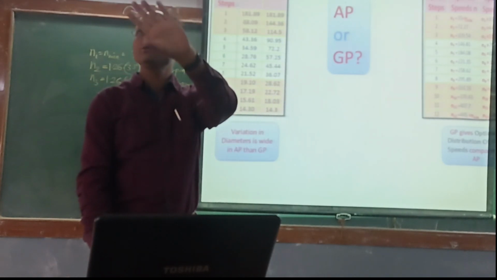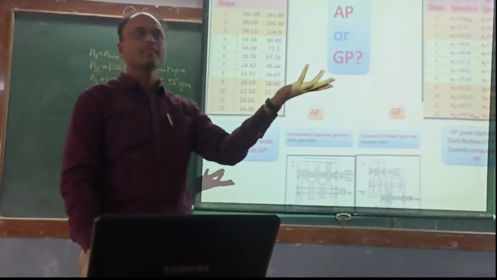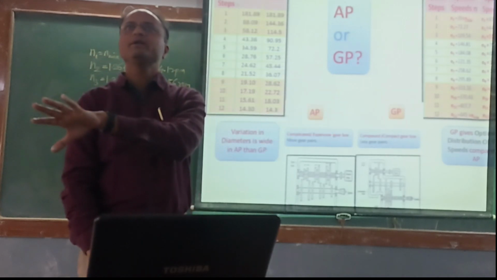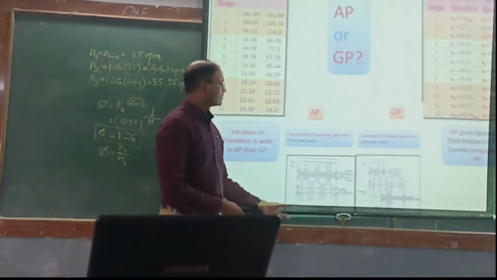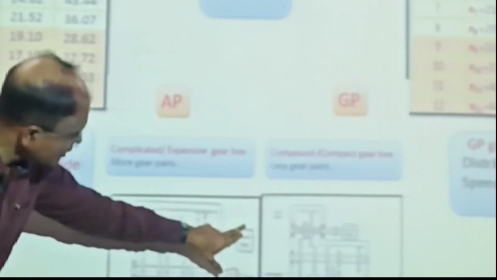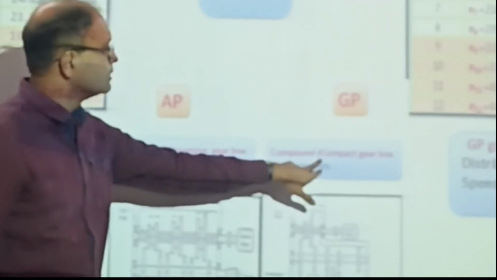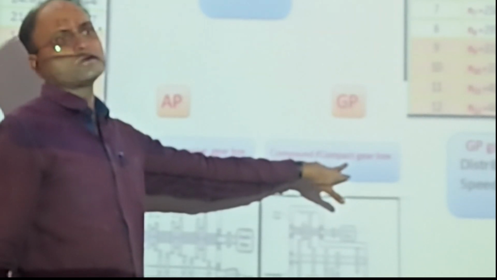These differences you can prepare, the difference between arithmetic progression and geometric progression. One more advantage: AP gives a complicated or expensive gearbox because there are large reductions in speed, while geometric progression gives a compact gearbox.